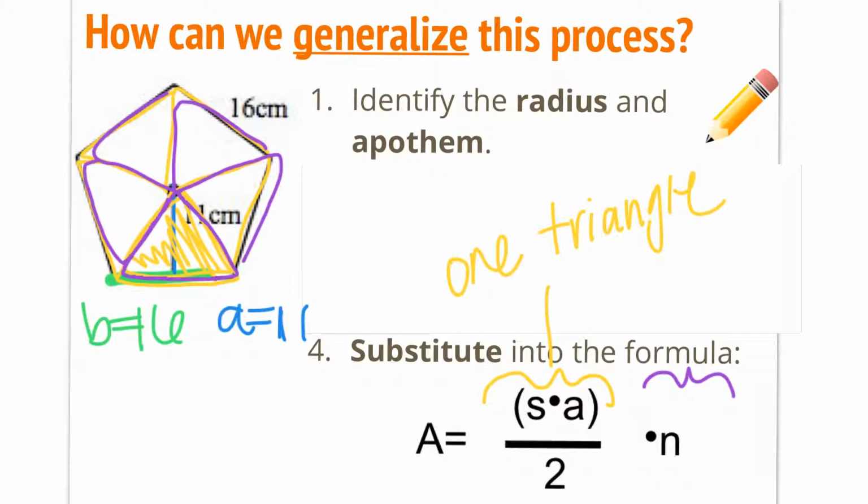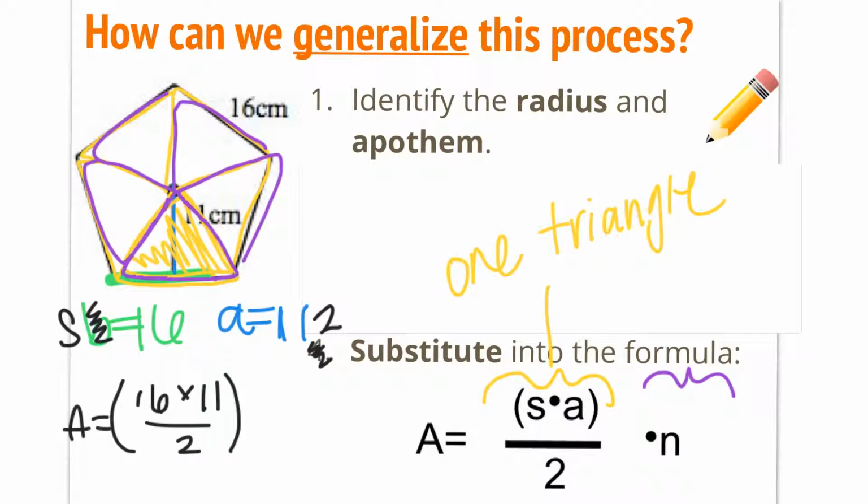So now let's try it this way. If I know that my b is 16, or now that we're going to call it my side, this is step 2 by the way, 2 steps. Now that my side equals 16 and my apothem is 11, if I substitute everything in, I will have A equals s times a, which is 16 times 11, divided by 2, times n, which in this case is 5.